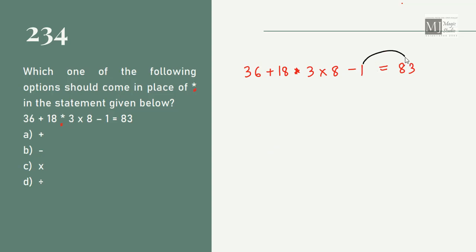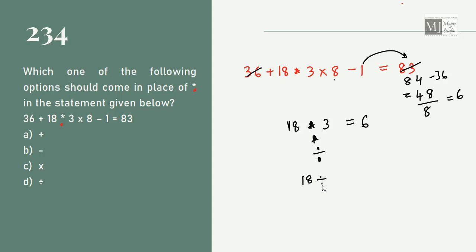Plus 1, this becomes 84, minus 36, 84 minus 36 is 48. Then it is multiplication by 8. Let's divide this by 8. It becomes 6. So 18 asterisk 3 should be equal to 6. And that is only possible when this asterisk sign is replaced by a division sign. 18 divided by 3 is 6. Option D fits in.